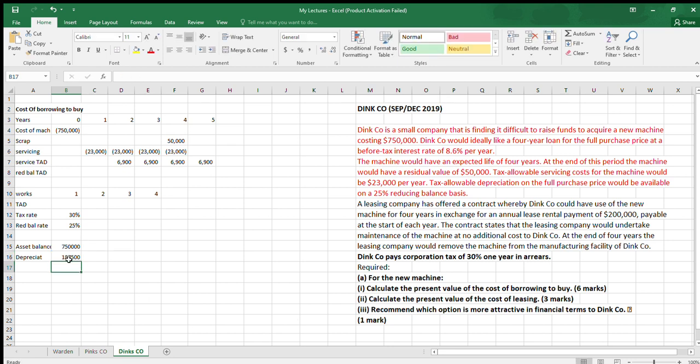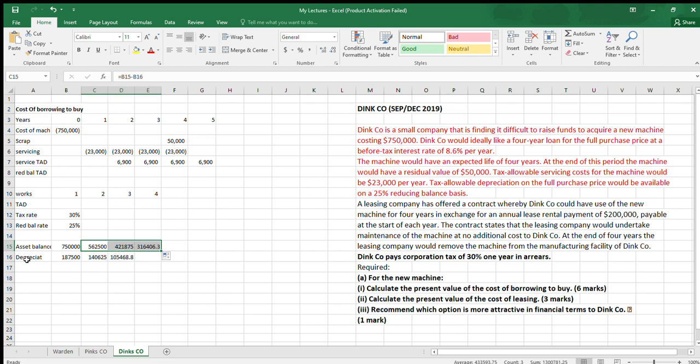We drag it to year 3, not year 4, year 3. Now the asset balance becomes the asset balance in year 1 minus the depreciation. Remember, it is reducing balance. So the asset balance minus the depreciation gives you the asset balance for the following year. Then you drag this one to year 4.